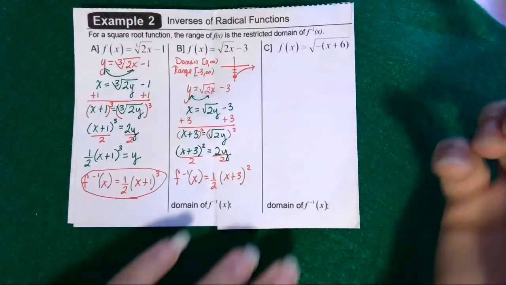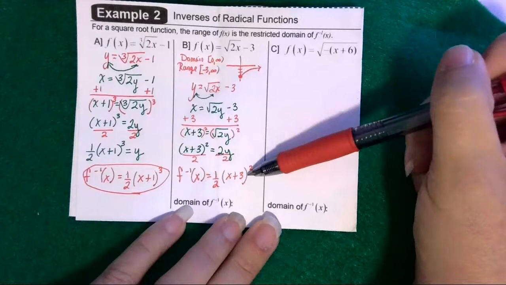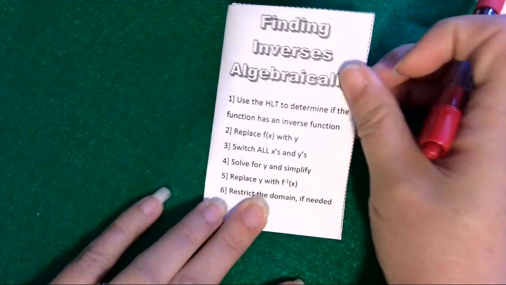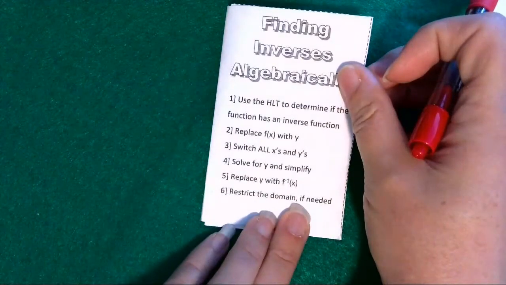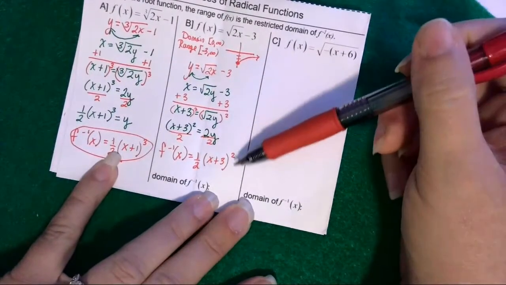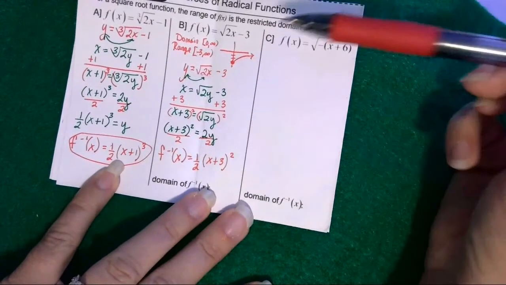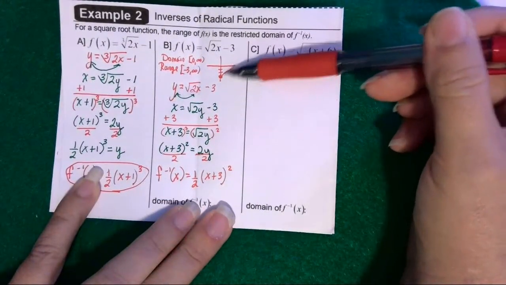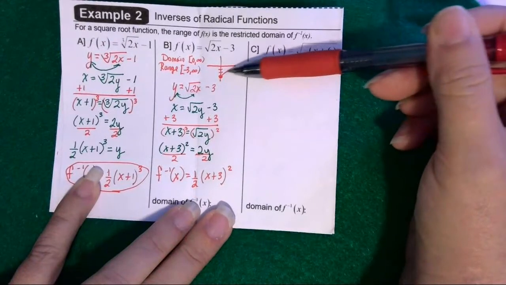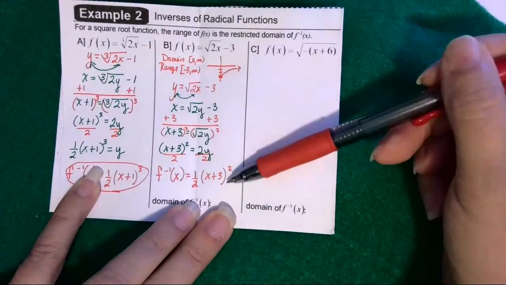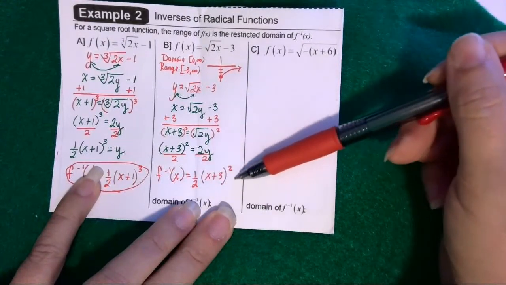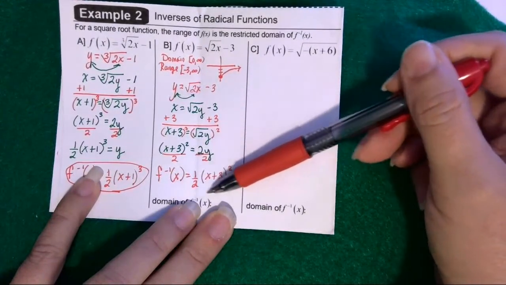Now, the problem that we're going to run into here with step number 6, which is to restrict the domain if needed, is that now it is needed. Because what we started with was a square root function, right, that graphs half of a sideways parabola, but what we ended up with in the equation is a quadratic function, right, and that graphs a whole parabola.